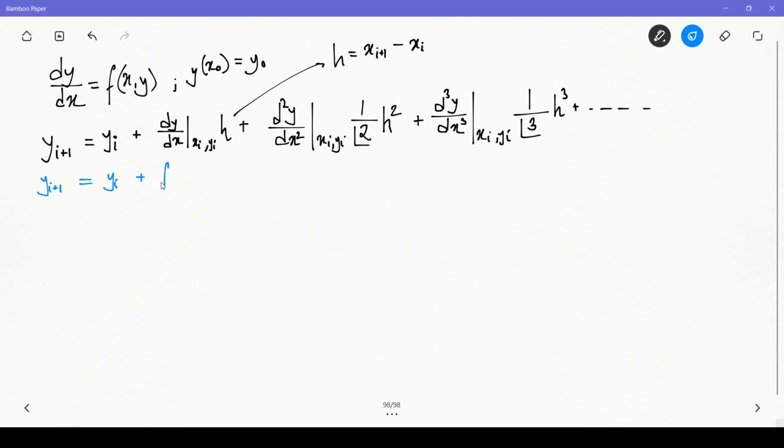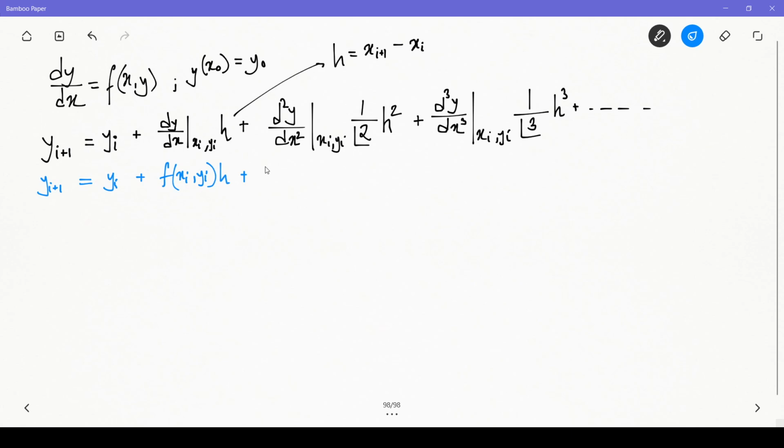So let's do that. f of xi comma yi times h plus we have what?